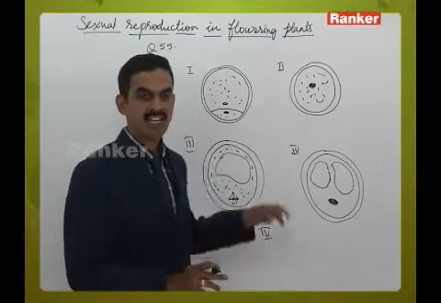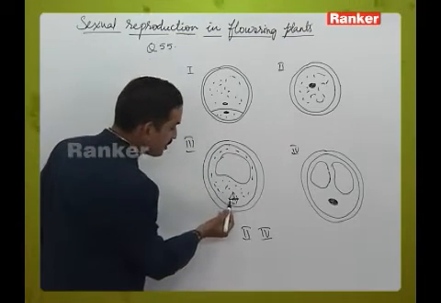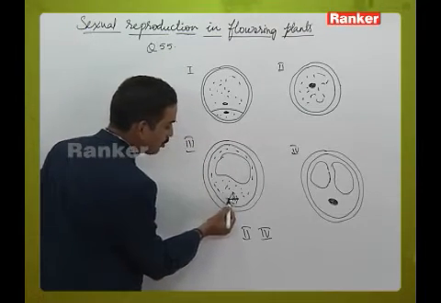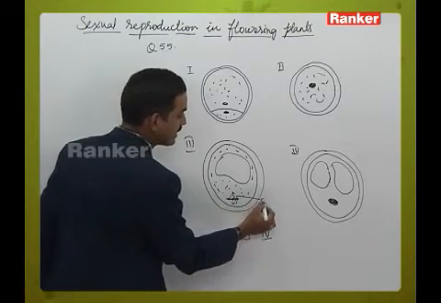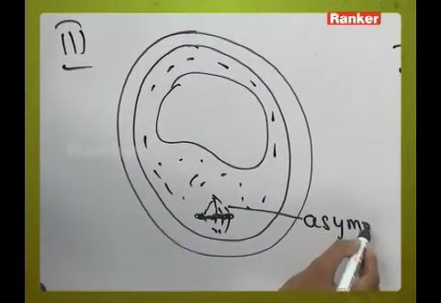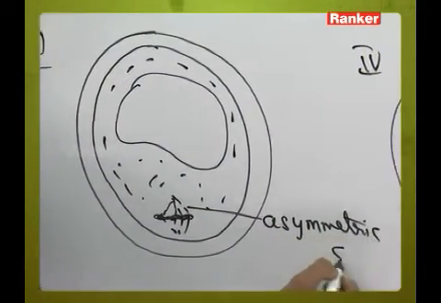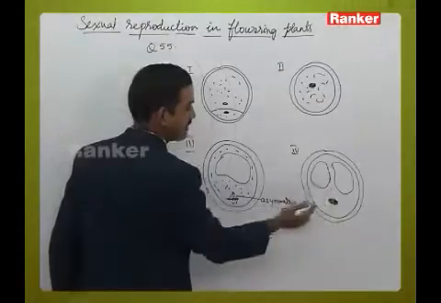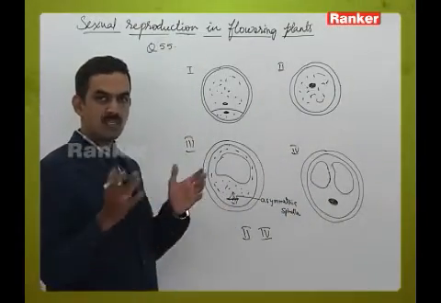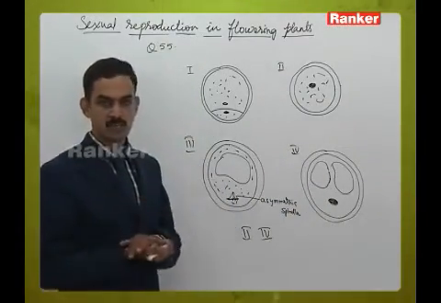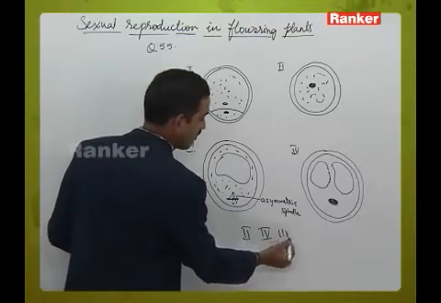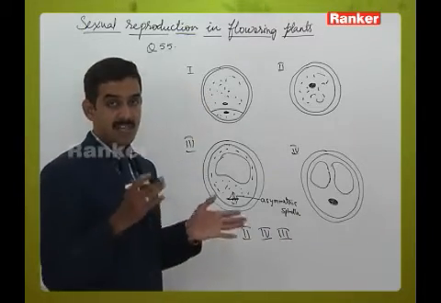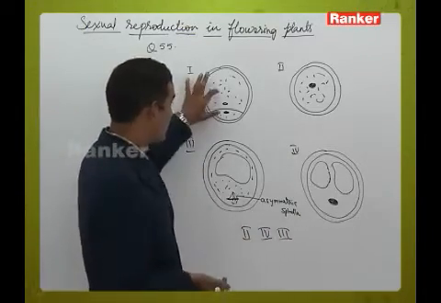Then coming to diagram number 3. Here can you see in this diagram the chromosomes are dividing with the help of asymmetric spindles. That means after this stage the nucleus starts dividing with the help of asymmetric spindles. So then it will be Roman number 3. And as a result of division, 2 cells are formed.